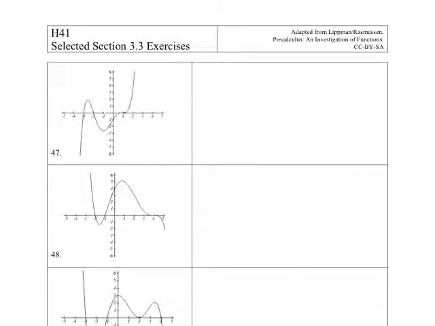Okay, looking at problem 48, what we can see is we have one turning point, a second turning point. You can kind of think of this as a third turning point and a fourth turning point. So we have a degree of 5.